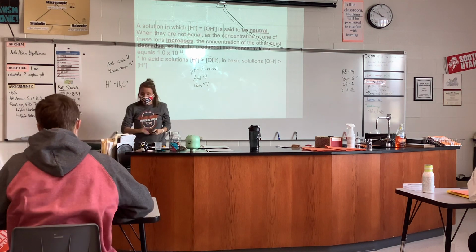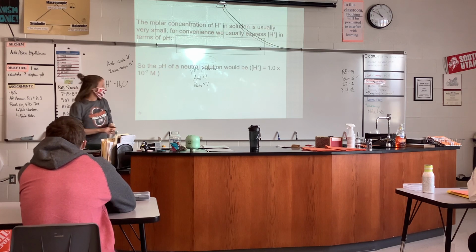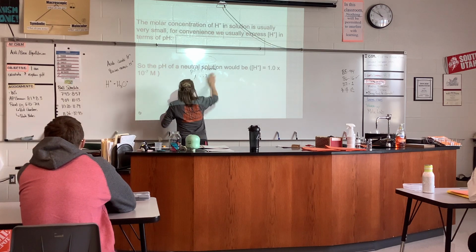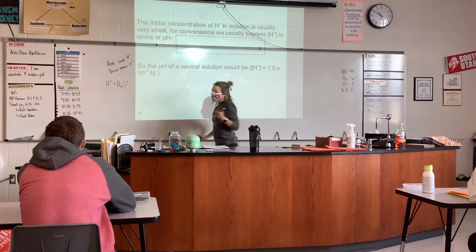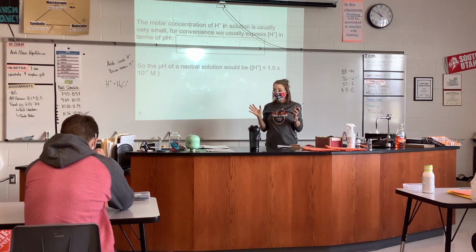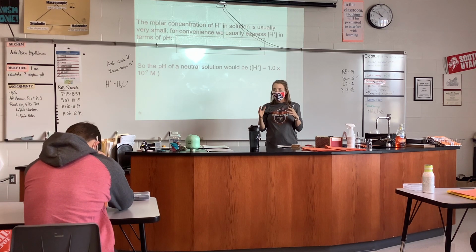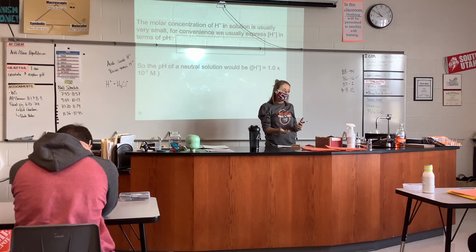Okay? So let's look at the equation of how we calculate pH. So pH is calculated through a logarithmic function. It's once again just a scale they set up. It has no units. It's just a way of showing a number that can be hard to look at in an easier way.